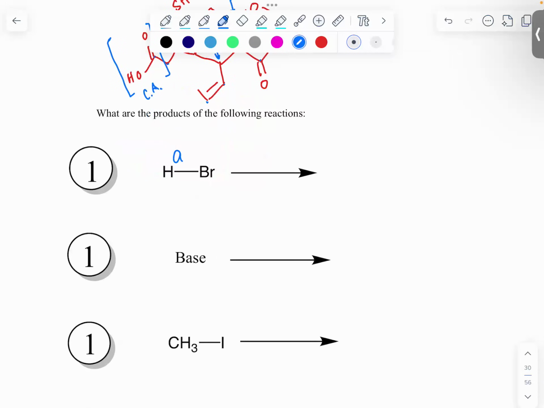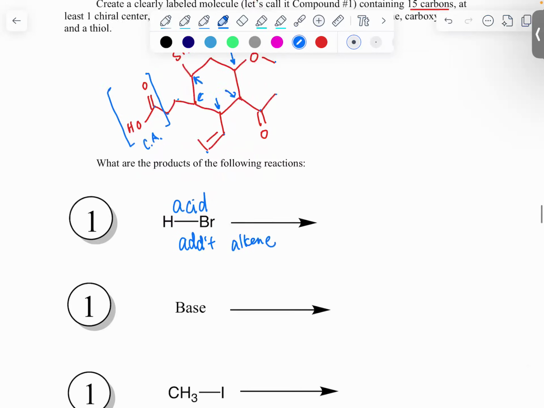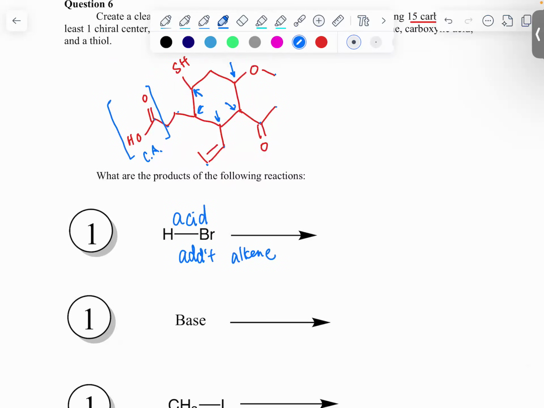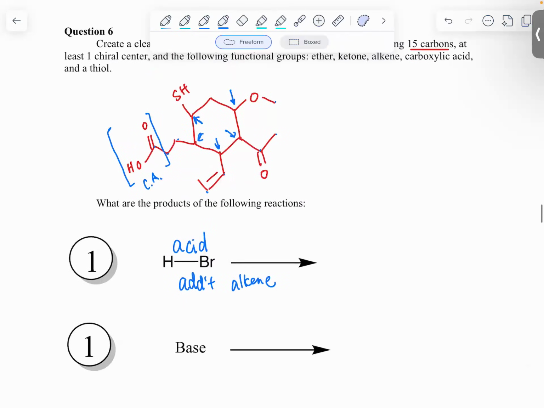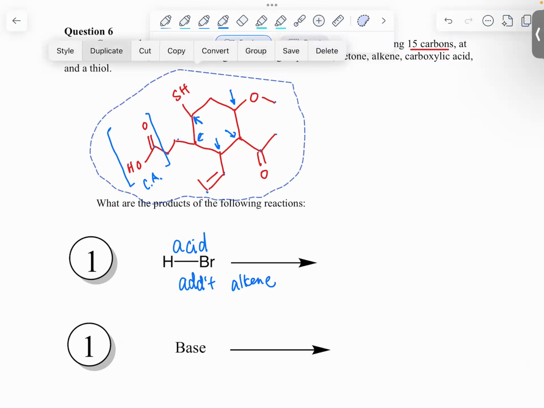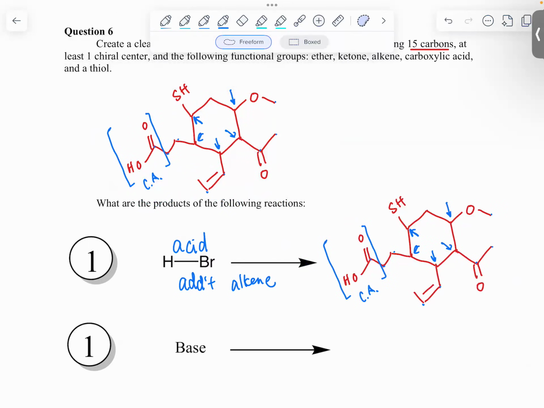And so what we have here is an acid. And we know that an acid can do addition to an alkene. And so I'm just going to quickly copy paste my structure here, and then clean up some of these labels.